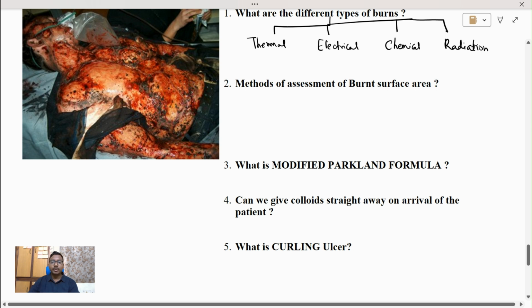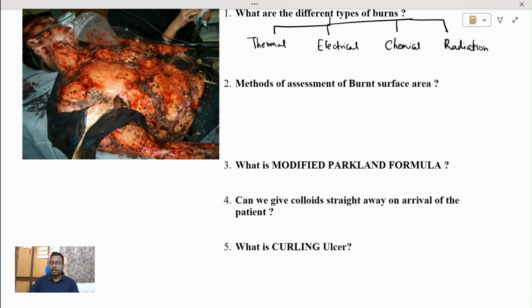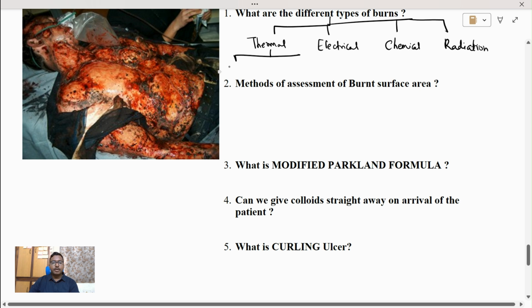Again, in thermal burns, when hot liquid falls on the skin, it causes scald. And when a flame is directly burning the body, that is flame burns. Second is scalds.